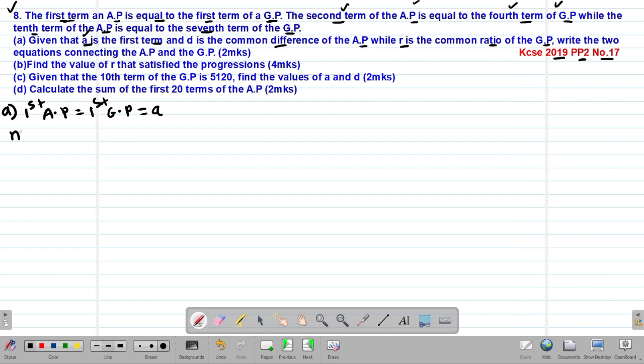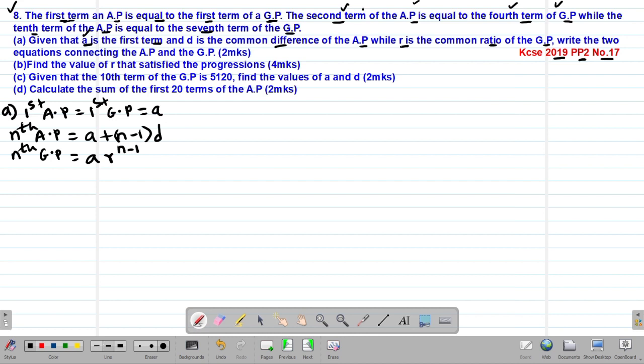Now we know that the nth term of any given AP is always given by the formula A plus n minus 1, into D. Then you also know that the nth term of any given GP is given by the formula AR to the power of n minus 1.